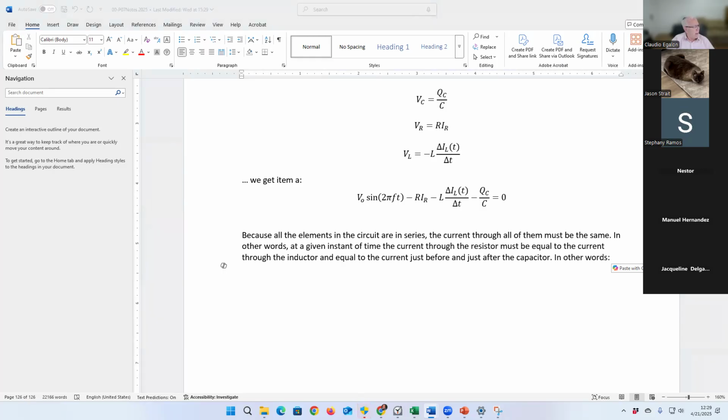Okay. And how do I display that mathematically? The current through the resistor must be equal to the current through the inductor, and the change in the charge in the capacitor as a function of time, which I call the current of the capacitor. Everything must be equal to I.